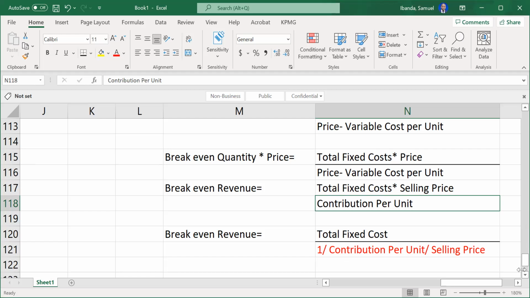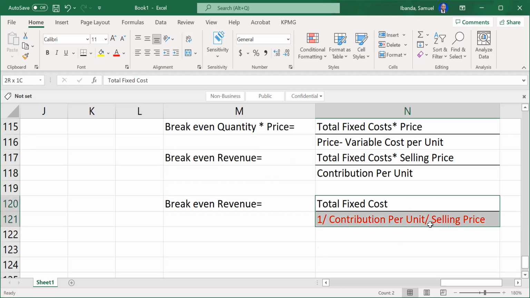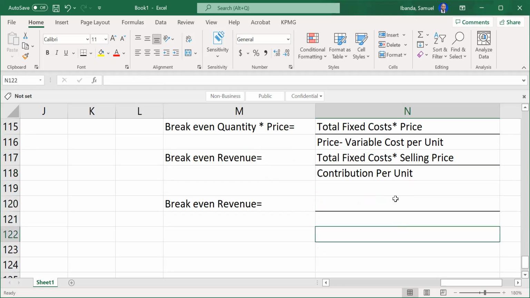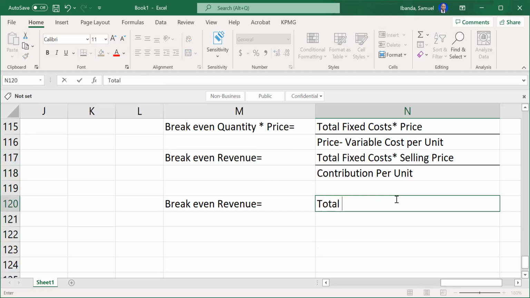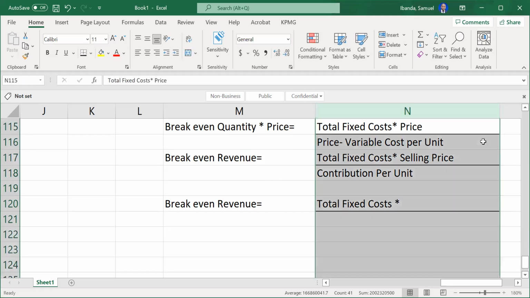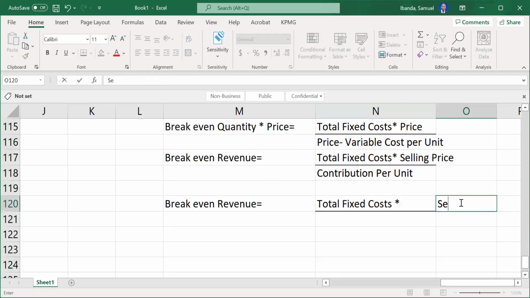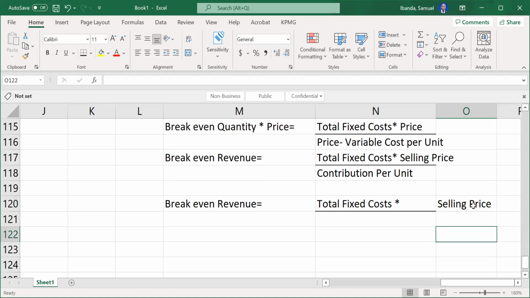Ideally, even before I did this, the formula is the same as total fixed costs times, I just want to separate this formula to remove my selling price, divided by my contribution per unit.